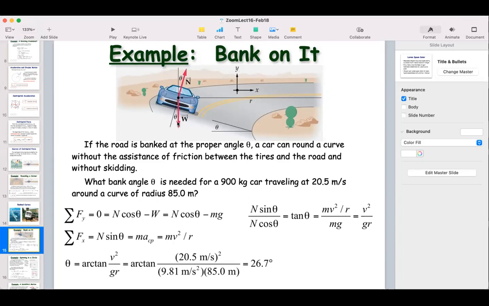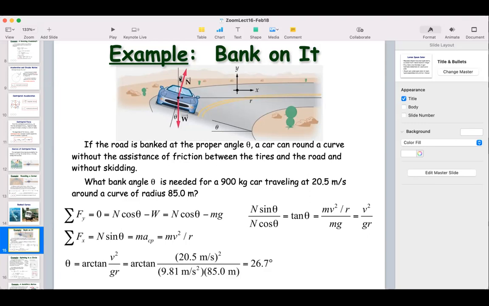In this case, if we select this and this as axes, the weight, as you now know pretty well, always goes down. It doesn't matter how the surface is, it just goes down. So you see the weight is perpendicularly down, while the normal force is perpendicular to the inclination of the surface. So if this is our angle theta, the normal force goes up, and angle theta is this one, but is also this one.